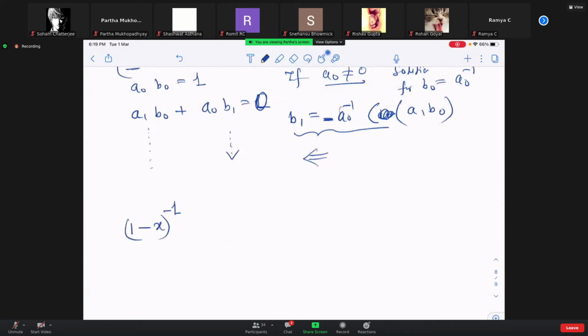If you just use this theory, as a formal ring element, it equals 1 plus x plus x squared and so on, without bothering about convergence. That's the reason that with generating functions we do not think about analytic convergence issues, unless you have to substitute something for x, and then you bother about convergence.